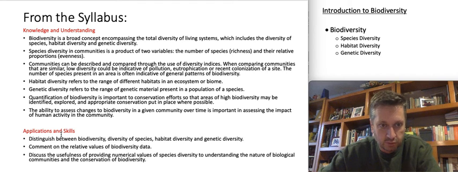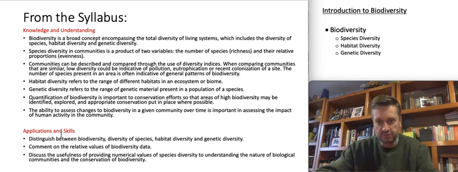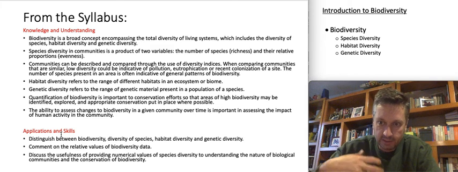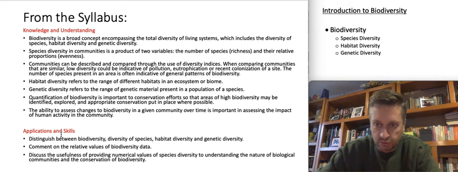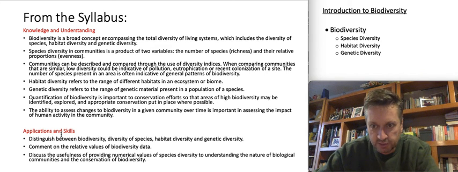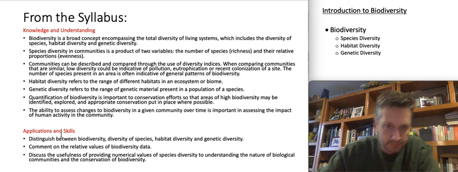It's how we can quantify biodiversity and then use it to help conservation efforts, and how biodiversity is affected by human actions, and how a diversity index can help us to look at the severity of human interactions with the environment, which is usually not a good thing.